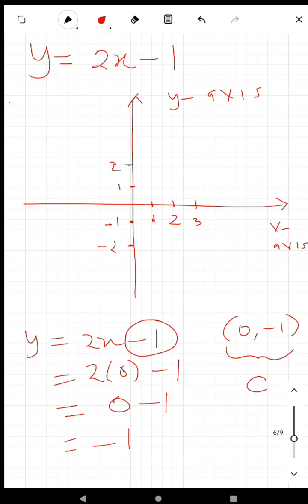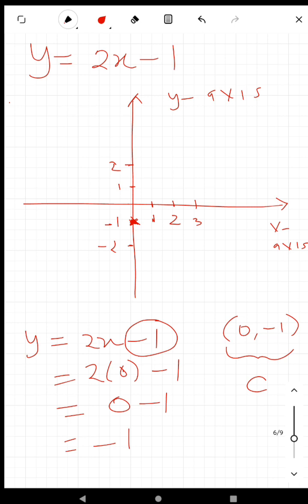So let's go to this plot now. At what point is y minus 1? It's here. That is where the line crosses on the y-axis.